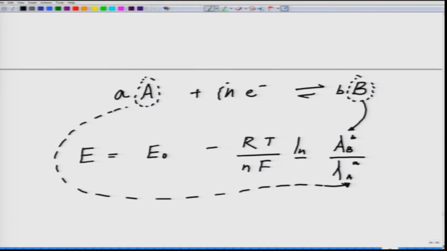And this is your number of electrons, as shown here.